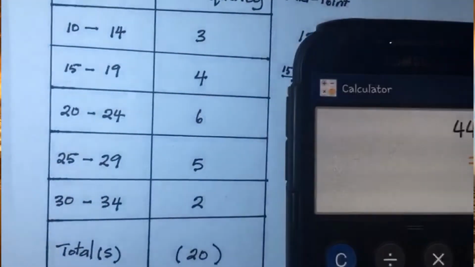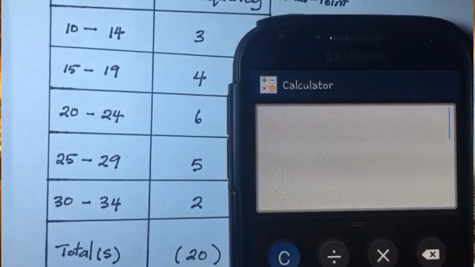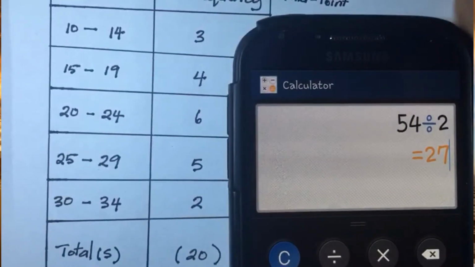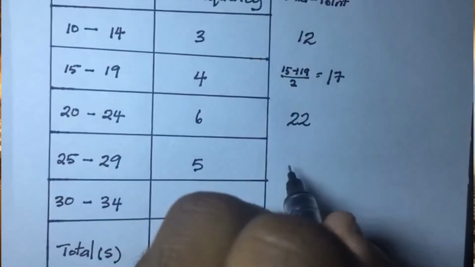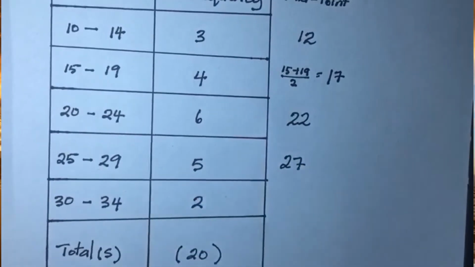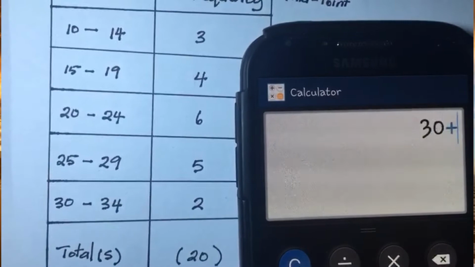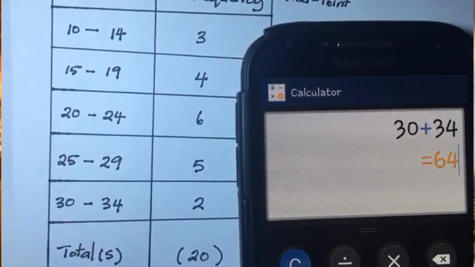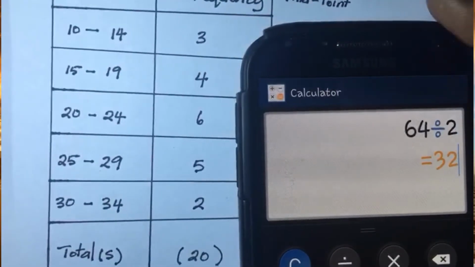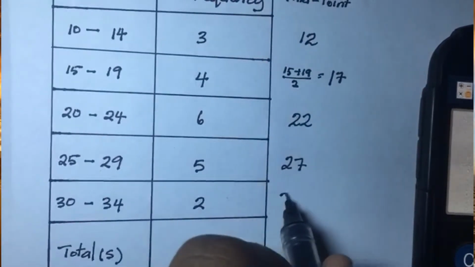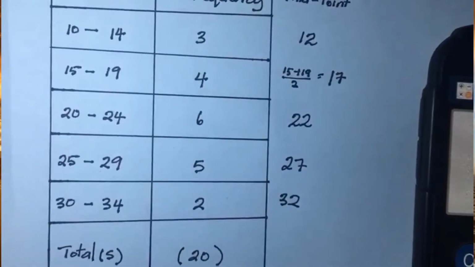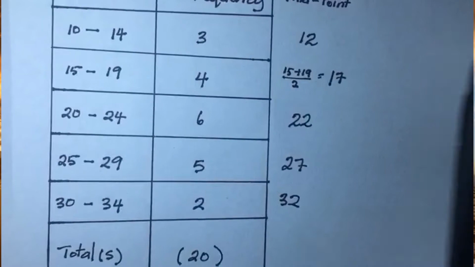For the next one, I follow the same procedure. 25 plus 29, divide the answer by 2, 27. For the next one, same procedure. 30 plus 34, divide by 2, 32. So I have calculated all my midpoints.